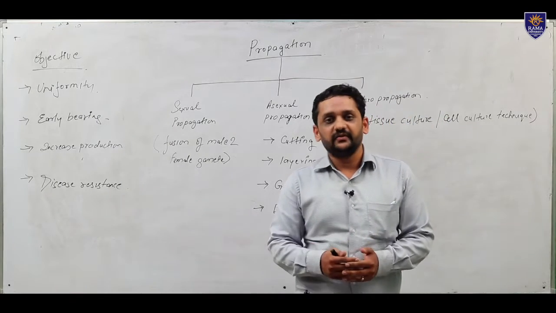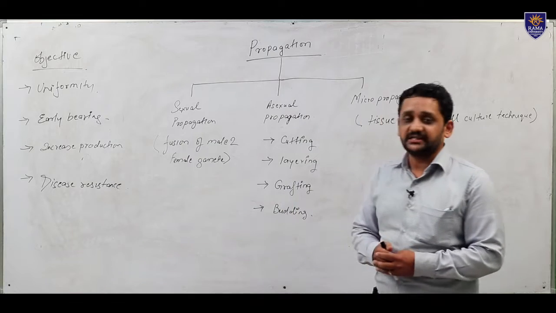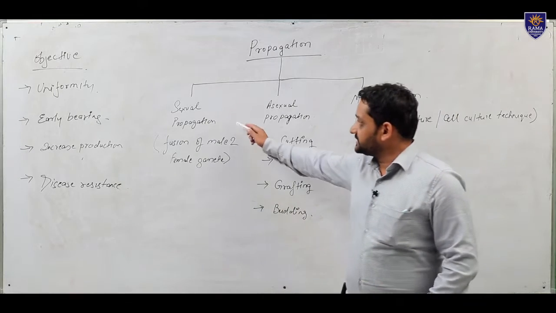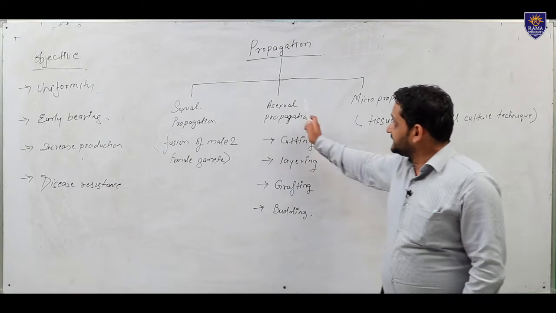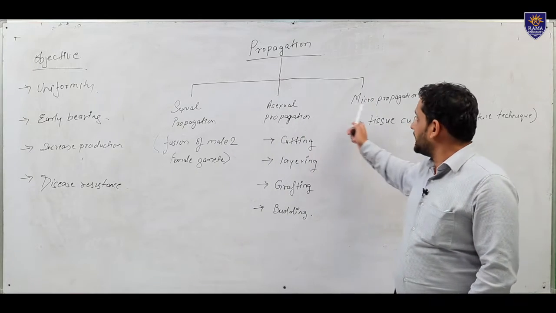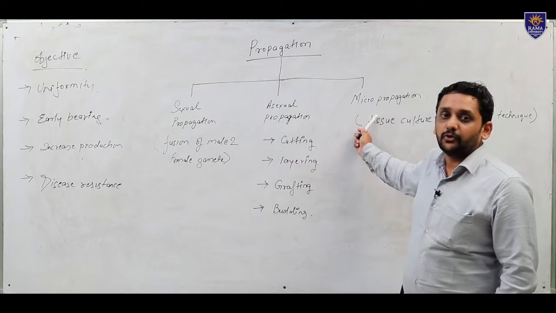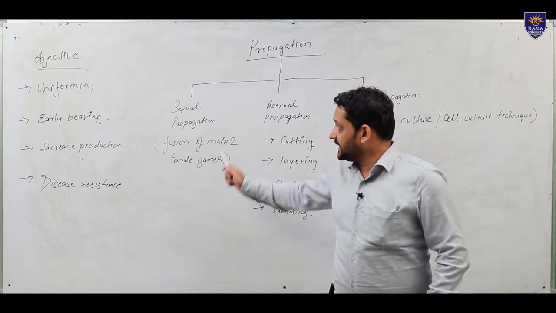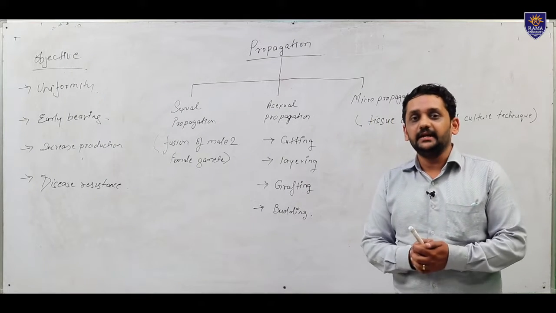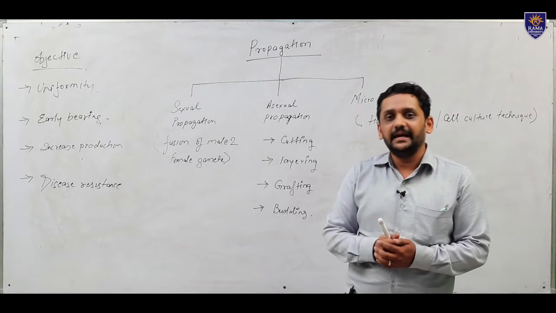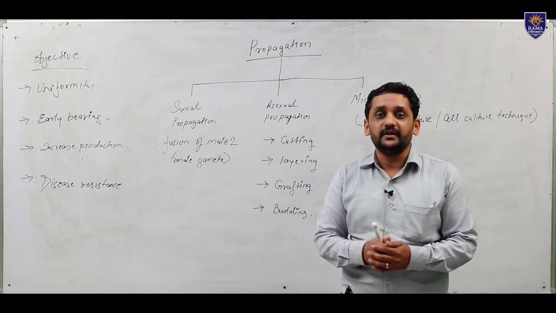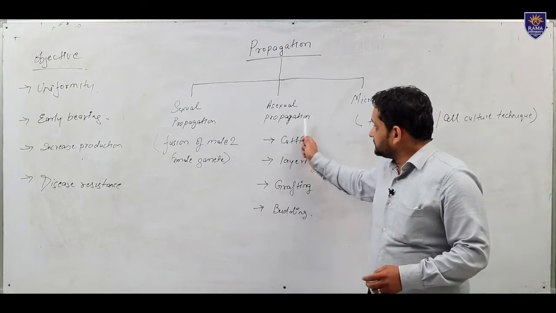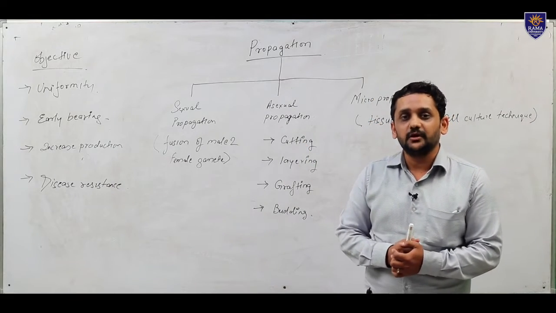Now coming further, propagation is divided into three parts. First is sexual propagation, second is asexual propagation, and the third one is micropropagation. Sexual propagation is mainly the fusion of the male and female gametes which are present within the ovule of the flowers. The second one is asexual propagation.